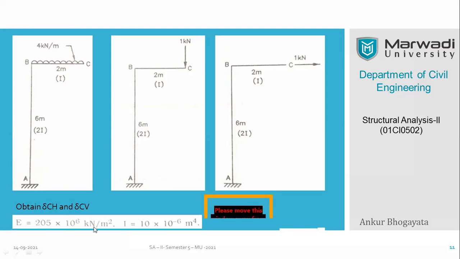Here when you do it, in the denominator you'll have 6, and in the numerator you have 3. So 3 will be deducted from this power, so that is 205 into 10 to the power 3, and I will be 10 into 10 raised to minus 6, and that is to be added with 12, right? So m to the power 4, you have to convert it again.